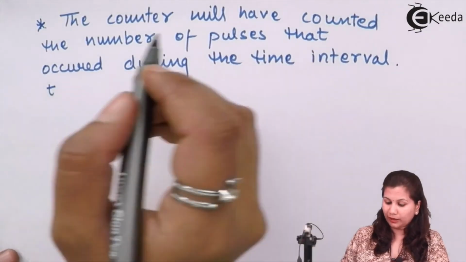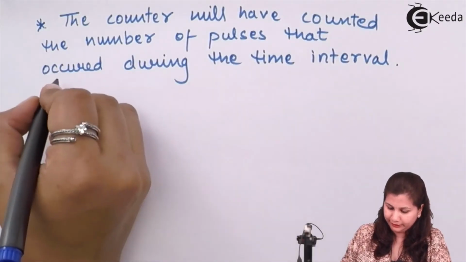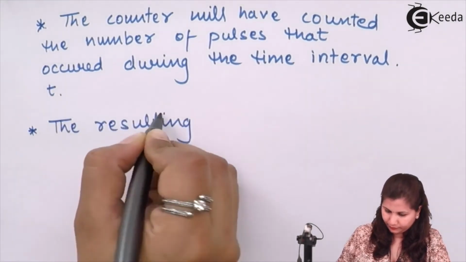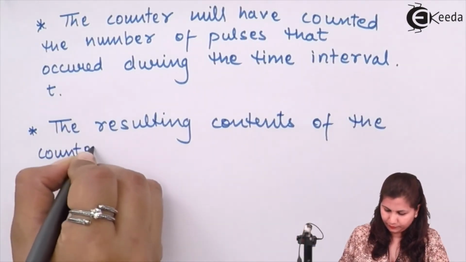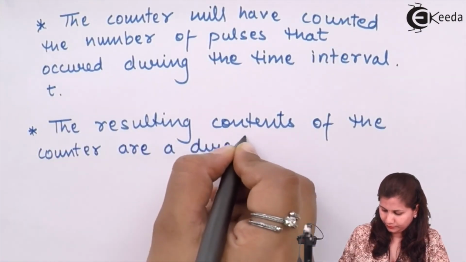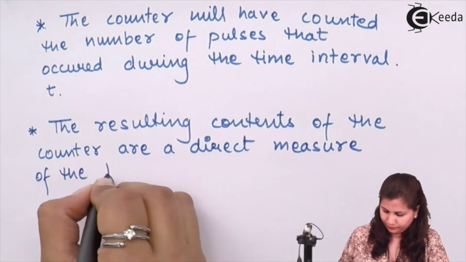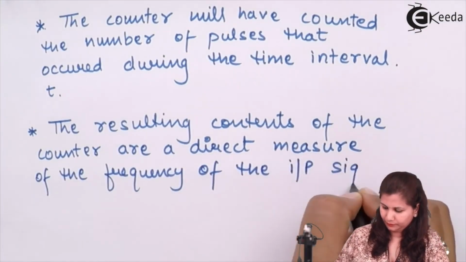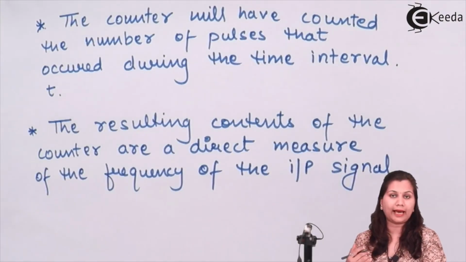So the counter has counted the number of pulses that have occurred during the time interval T. The resulting contents of the counter are a direct measure of the frequency of the input signal.